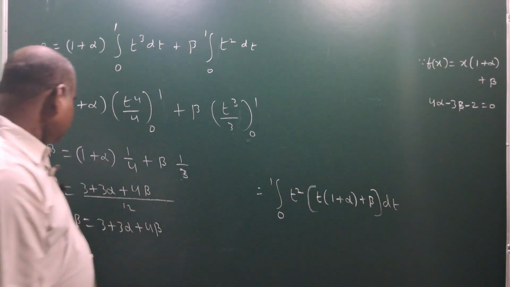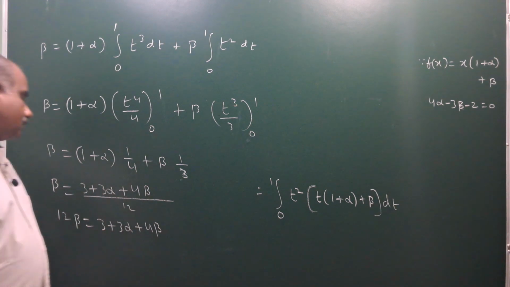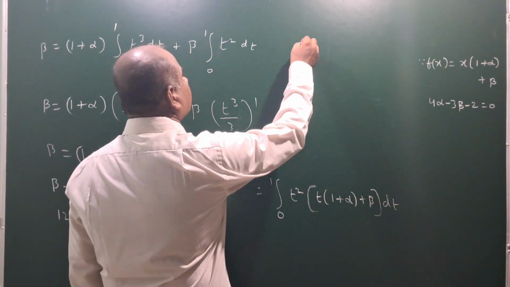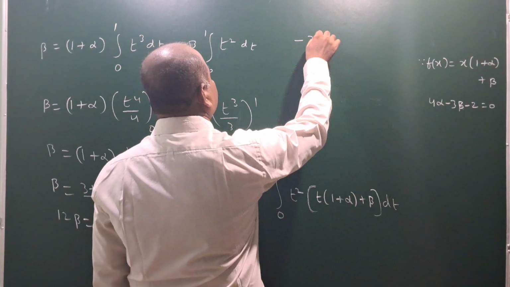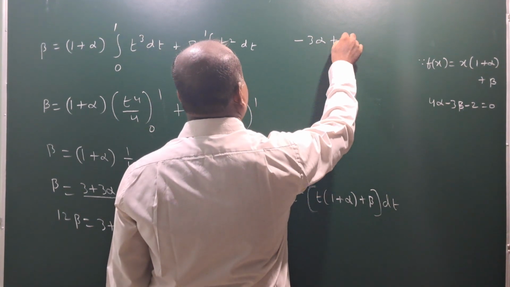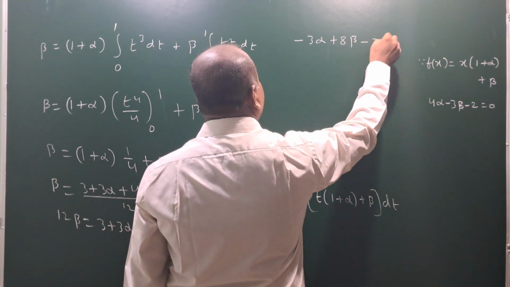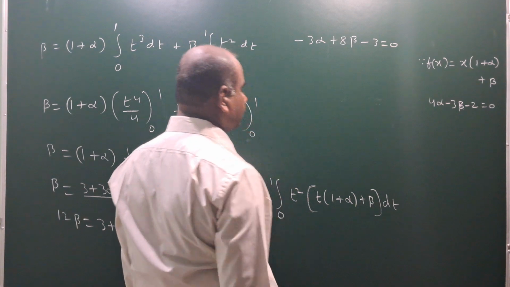Transposing RHS to LHS, finally we get minus 3 alpha, 12 beta minus 4 beta means 8 beta, and plus 3 becomes minus 3, is equal to 0.